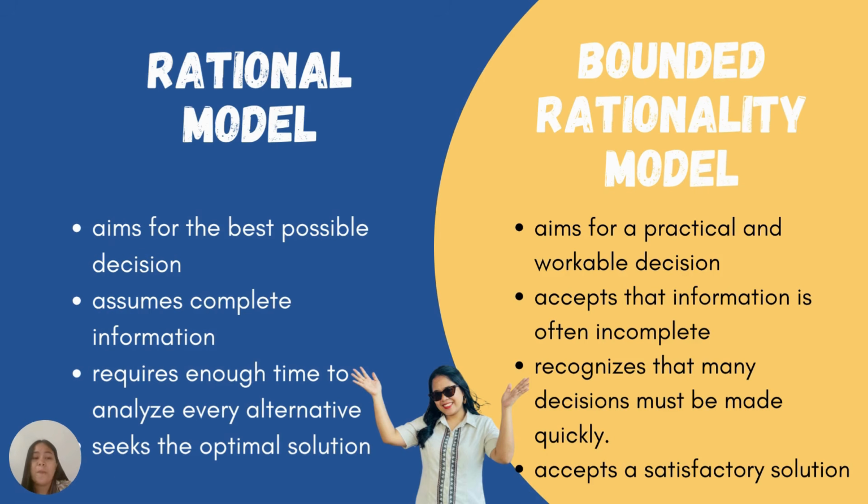Rational assumes complete information, while bounded accepts that information is often incomplete. Rational model requires enough time to analyze every alternative, but bounded recognizes that many decisions must be made quickly. While rational model seeks the optimal solution, the bounded rationality model accepts a satisfactory solution.